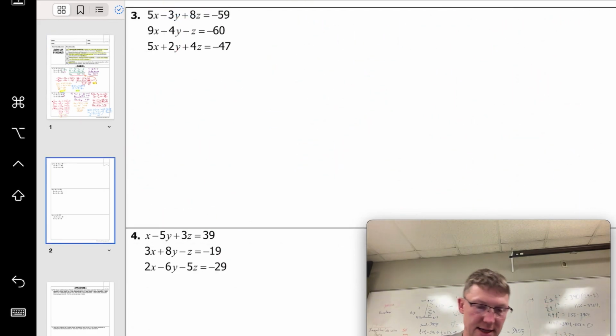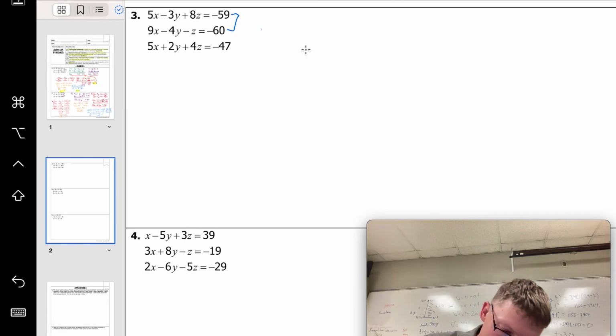All right, our next example, we're going to follow the same process. We're going to use elimination to get rid of each variable individually. So we're going to start with these two. The reason I want to start with that is we've got this z right there, and I'm going to use that a lot. Because it doesn't have a coefficient, it'll be a little easier for us to multiply to get the numbers that we want.